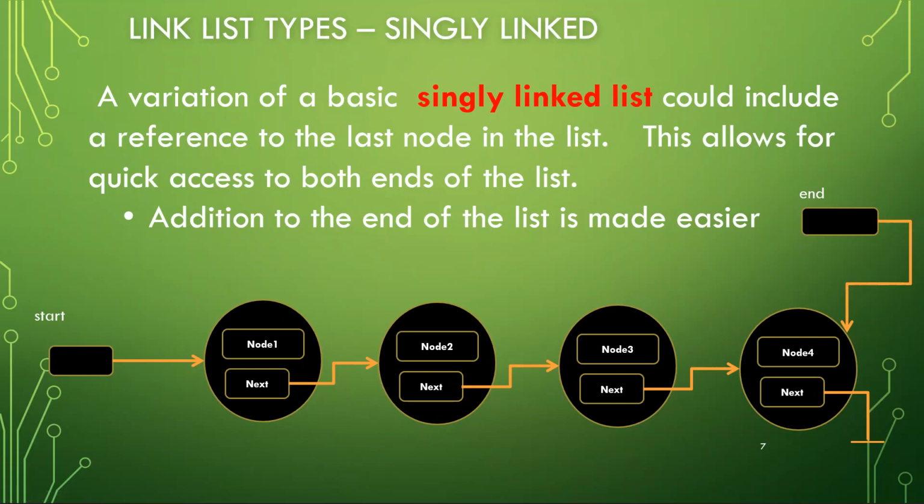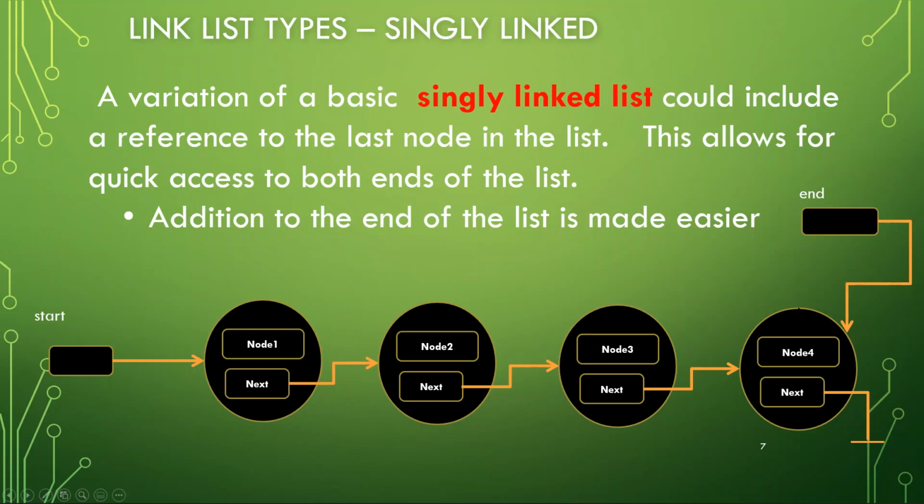Now, one way we can modify a singly linked list is that we could also include an end reference if we wanted to. This allows for quick access to both the start and end of the actual list. So as you're building up, you start in the beginning with a start and end reference, and you make sure as you're adding and removing nodes that the start is always going to the first node and the end is always going to the last node.